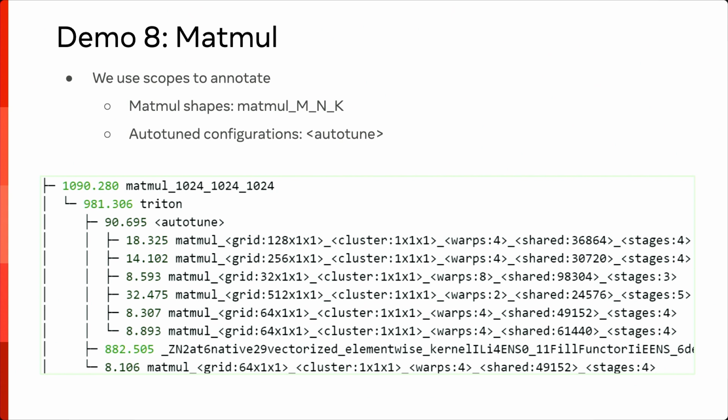For each kernel we see here, on the left side, we show its running time, and each kernel is renamed with metrics such as the grid dimension, the cluster dimension, the number of warps, shared memory usage, and number of stages, so that it gives you a better sense of which kernel actually achieved the best performance and what the difference is between this kernel and the other kernels that have been tuned.